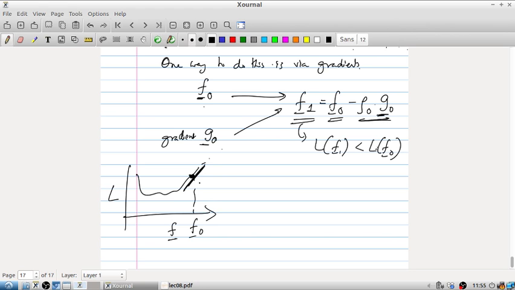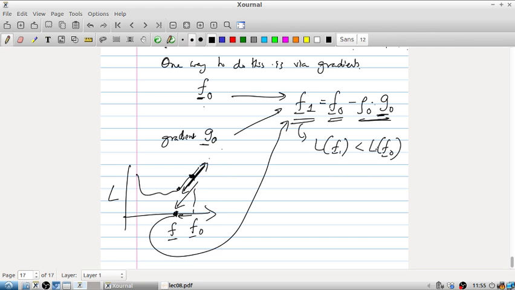If you take the negative direction of the gradient and add that to your current estimate, you'll go to a lower location, and then you'll get another point f1. So that is what I've written here.